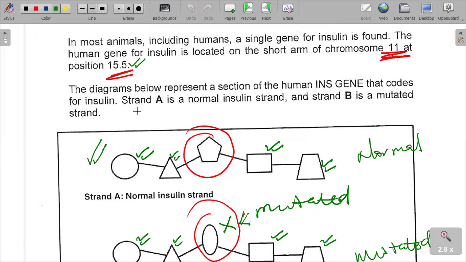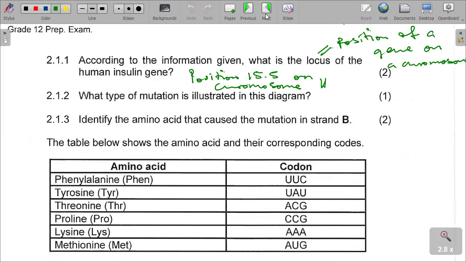So we are looking at a single gene for insulin. What type of mutation is shown? The type of mutation illustrated is gene mutation. Question 2.1 is gene mutation, class.